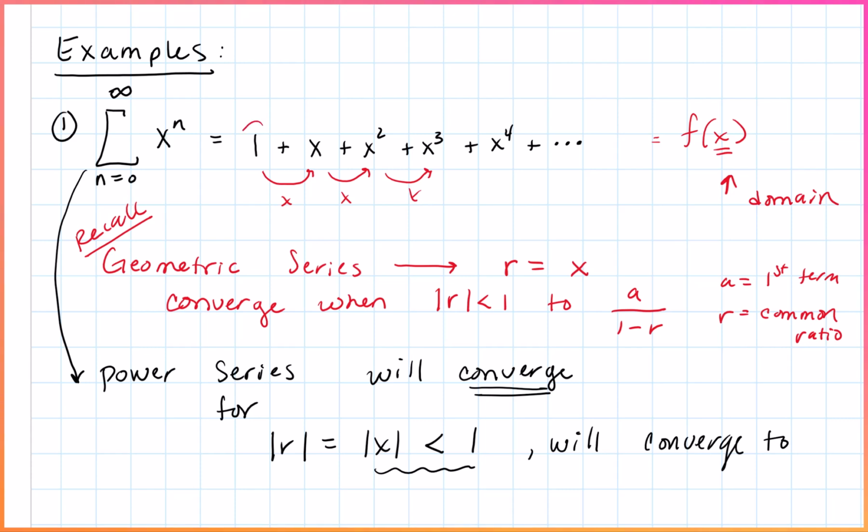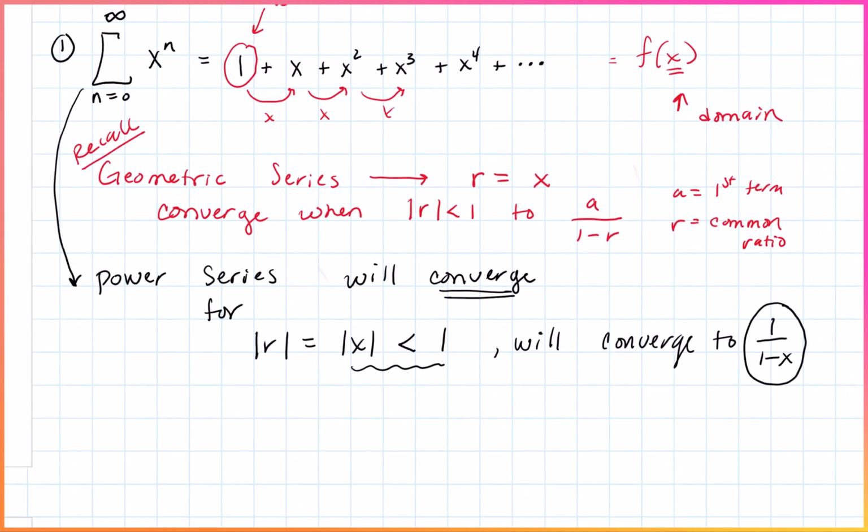Remember, a is the first term when we talk about geometric series. And so a is 1, and the common ratio we already talked about, r, is x. And so this is going to converge to 1 over 1 minus x. That's the function that this is actually converging to when x in absolute value is less than 1.